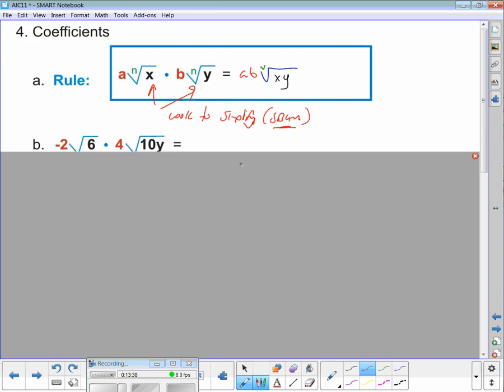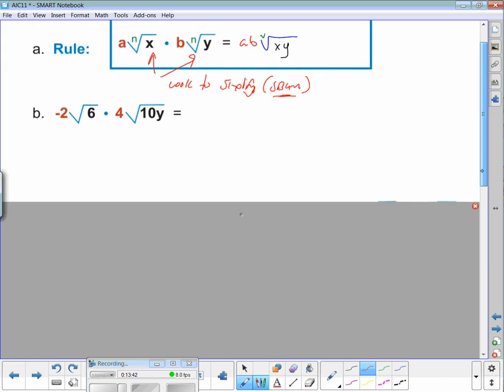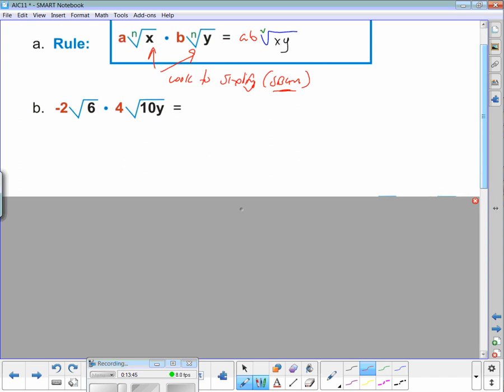All right, so let's get some practice. Here's the first one. Try B. Now remember, SBUM, simplify before you multiply. So you can see there's not a lot of simplifying here, but there is a little, right?